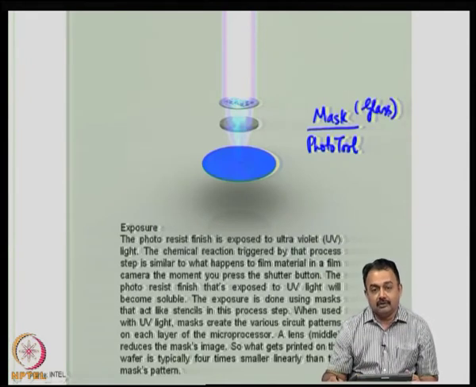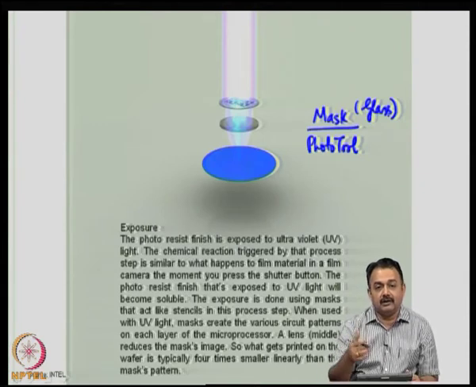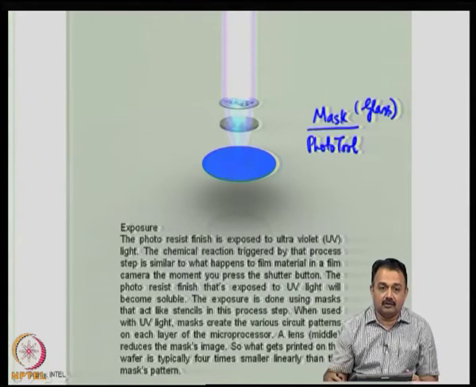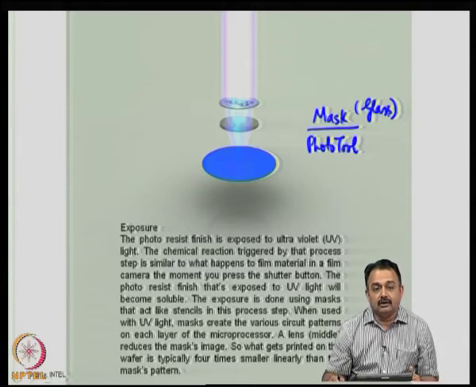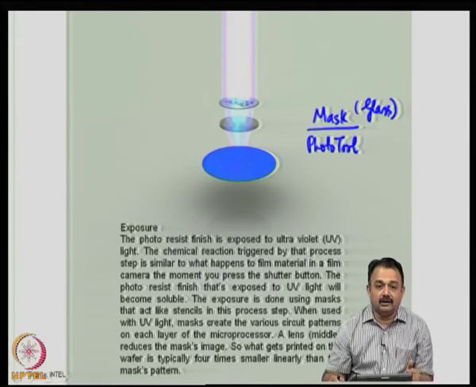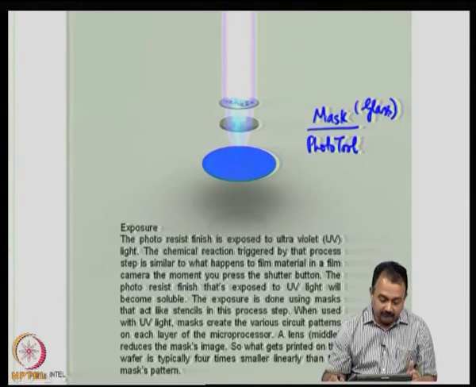This will be used to specifically transfer your design onto the surface of the photoresist. So, those areas which require capture of the design circuit will be translated onto the photoresist using UV light. So, exposure here means exposing the photoresist to a particular source of light, typically UV light.